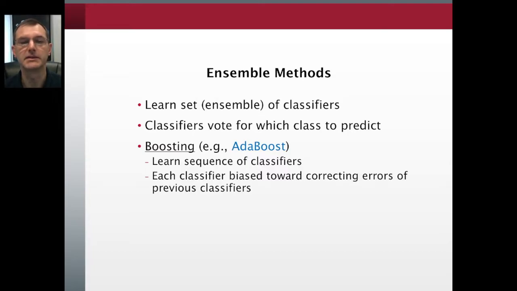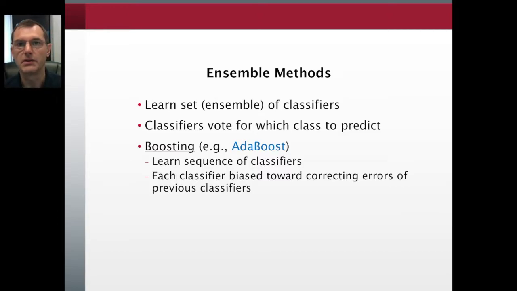And so as the different classifiers are learned, the examples on which mistakes are made, their weights are increased. Examples that it is getting right, their weights are decreased. So as we progress, the classifiers get more and more specialized towards trying to predict the harder examples.